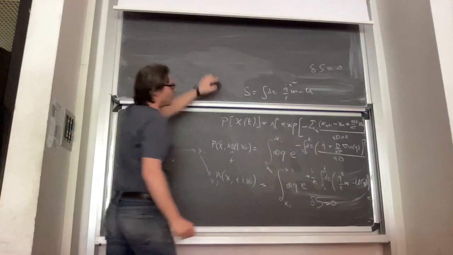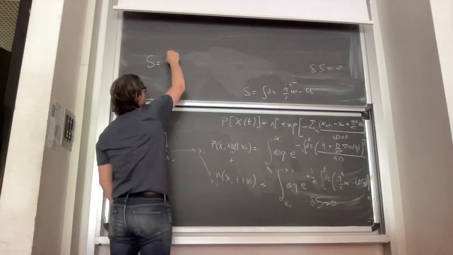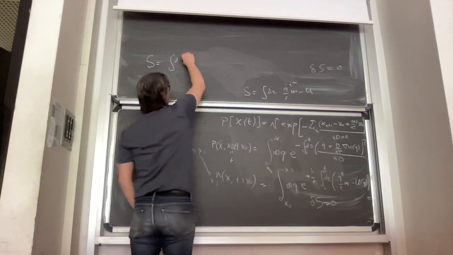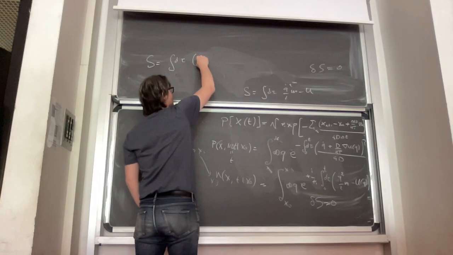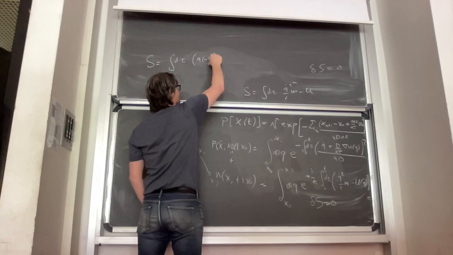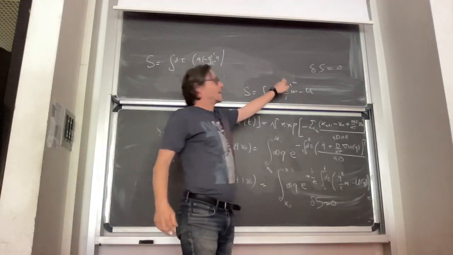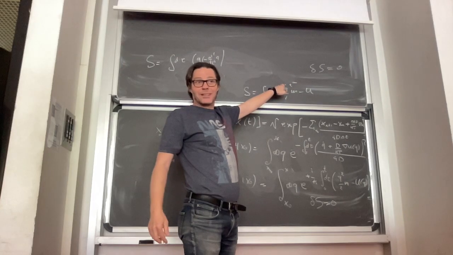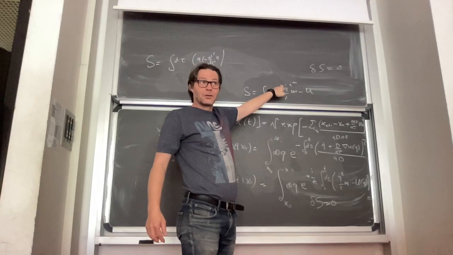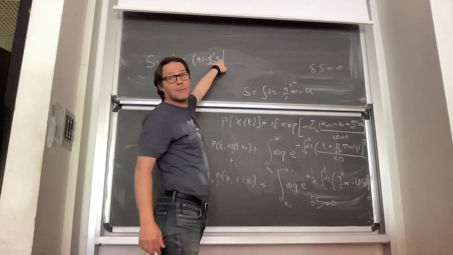Okay, the simplest way to do that is to take S and rewrite it as the integral d tau of q times negative second derivative with respect to time of q. I have taken by parts one of these time derivatives here. Right, q dot becomes q double dot with a negative sign. So that's negative second derivative with respect to time of q.